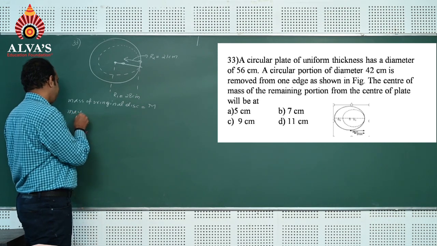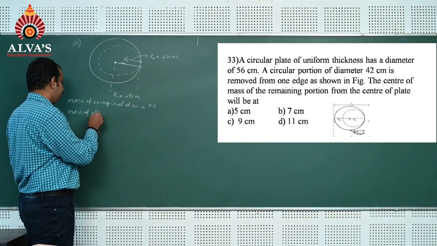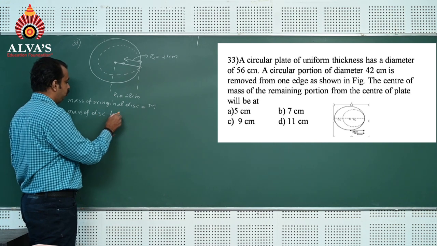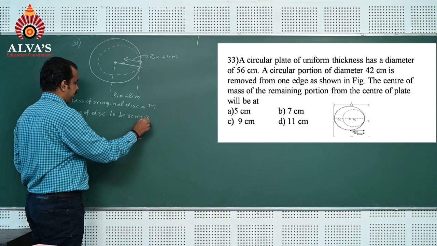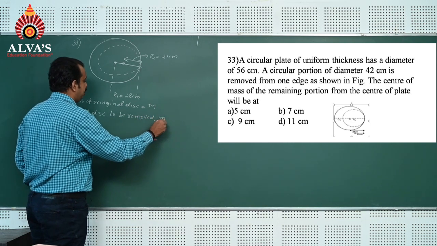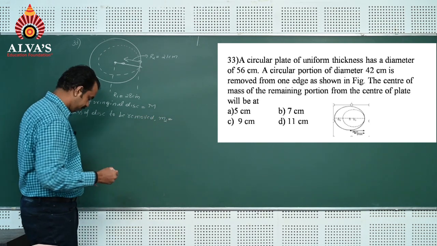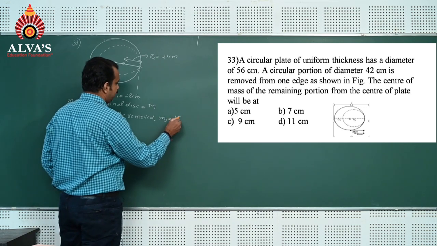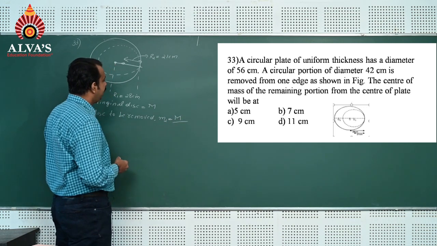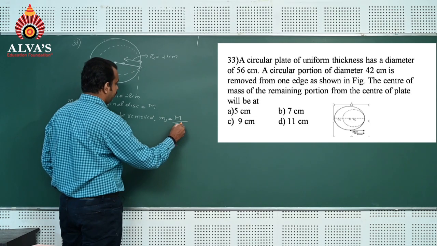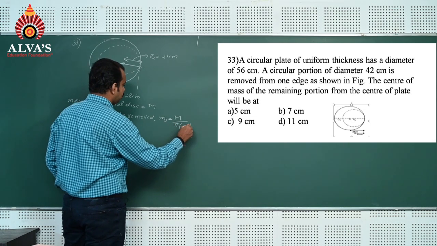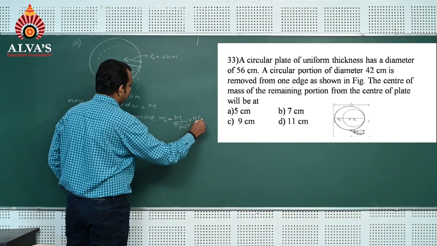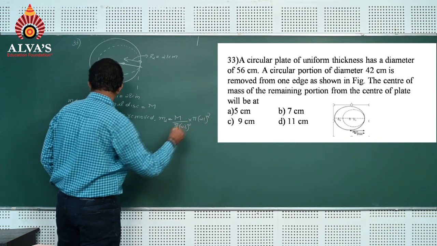then the mass of the disc to be removed we can take as m2, which is equal to mass by area, pi into 21 whole square, over pi into 28 whole square, times m.